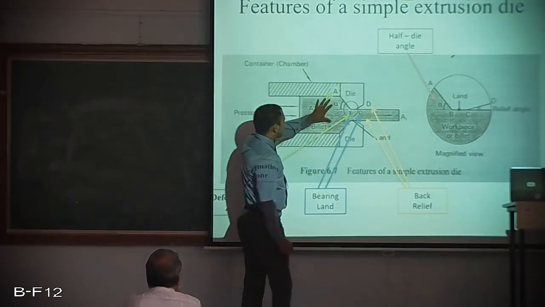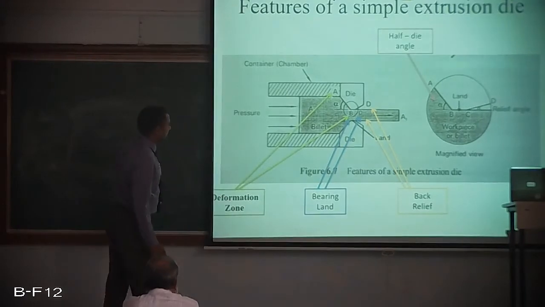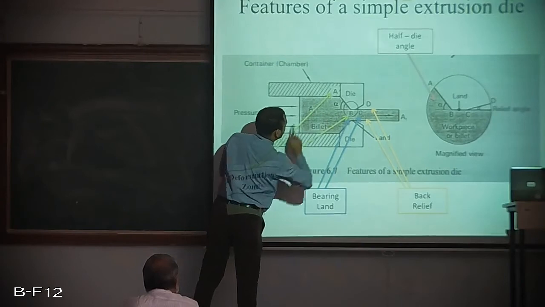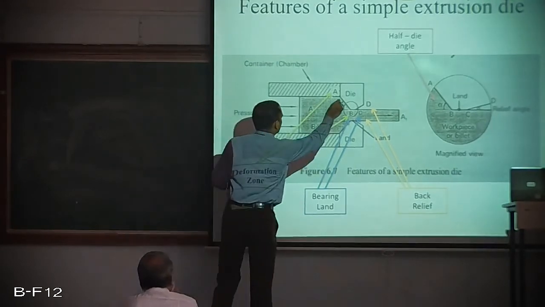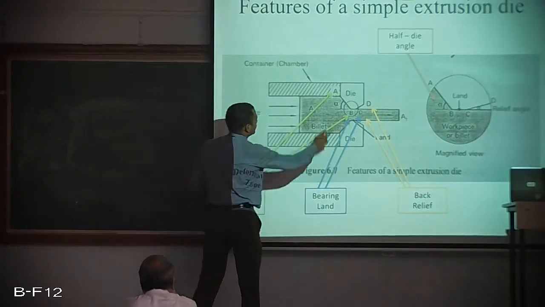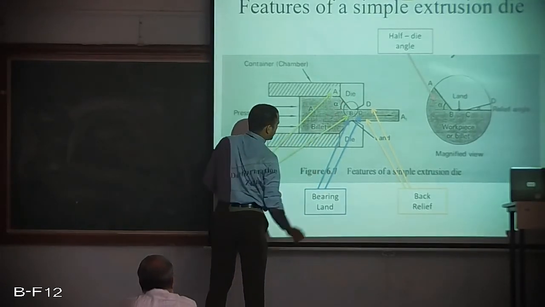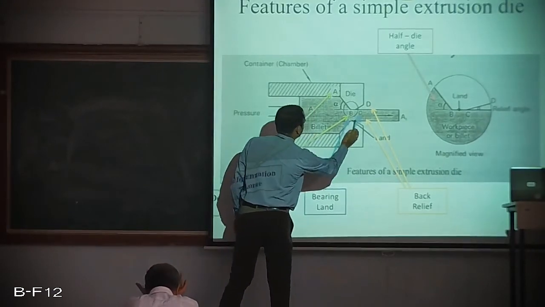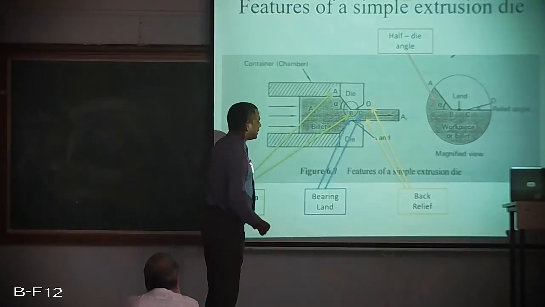So we'll try to understand the different areas. Over here we have A and B. This is the container having the die as well as the container. So this zone is called the deformation zone. Then between B and C we have something called the bearing land.